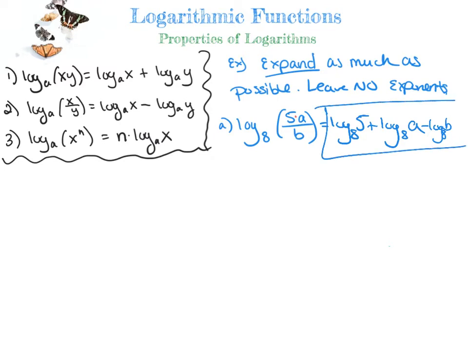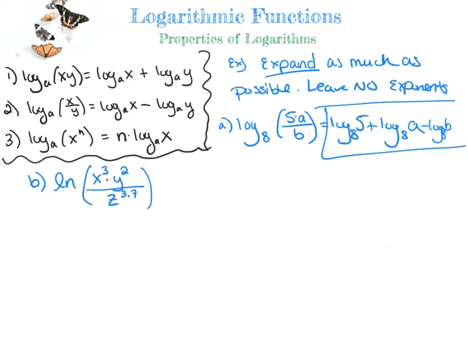Let's do another example. Let's say we're going to expand ln of the quantity x cubed y squared over z to the 3.7. Okay, so for starters, again, want to point out that in the numerator, I have multiplication.